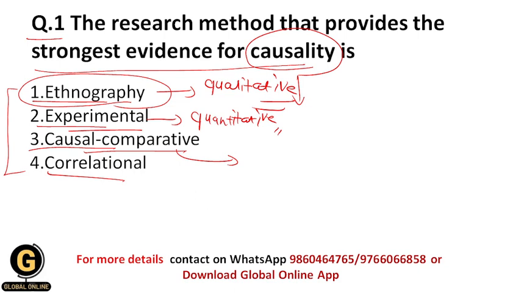This is the most important thing in the causal comparative research method. If there is a cause and effect relationship between the variables, then we will get the right results, but if it is not there, then we don't get proper results, and that's why here we don't have the strongest evidence for causality, like we have in the experimental research method.